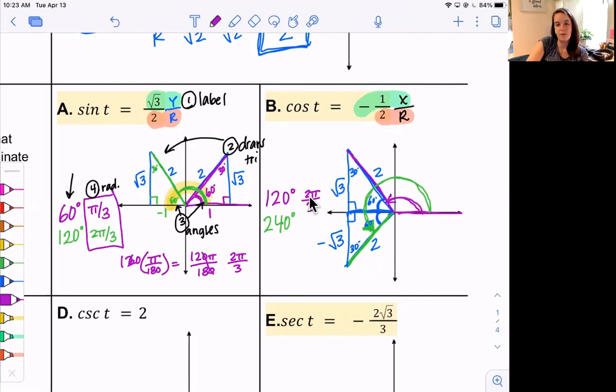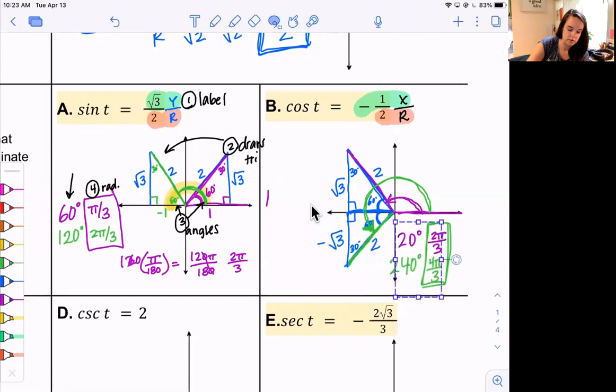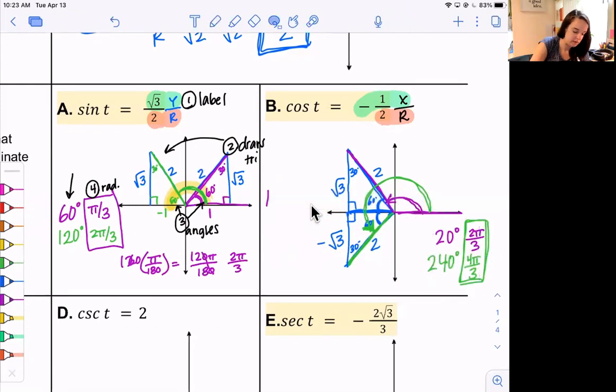Yeah, that's 4 pi over 3. My green one would be 4 pi over 3. So my two answers are 2 pi over 3 and 4 pi over 3.